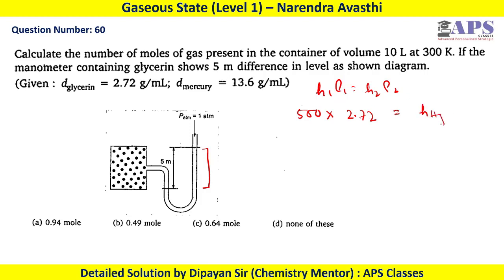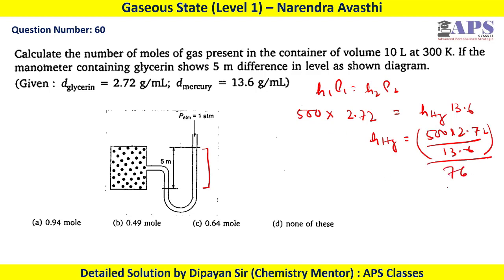We can write it as H of Hg times 13.6, so the height of the mercury column is 500 multiplied by 2.72 divided by 13.6 centimeter of Hg. But we want to convert it to atm, so we divide this by 76 centimeter of mercury, and finally it becomes 1.315 atm.